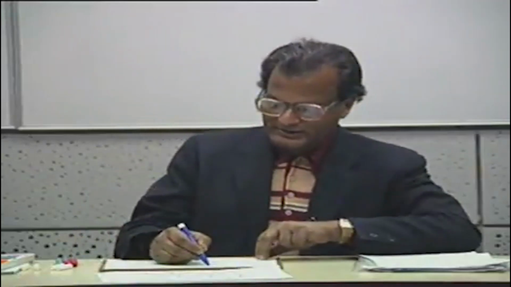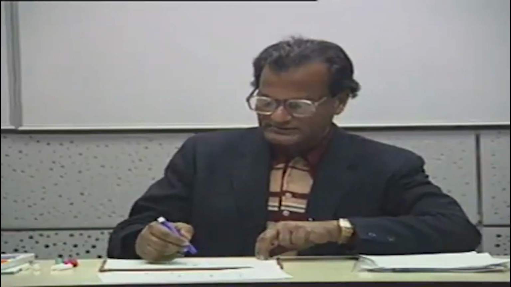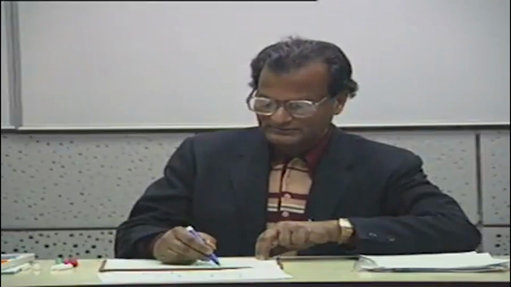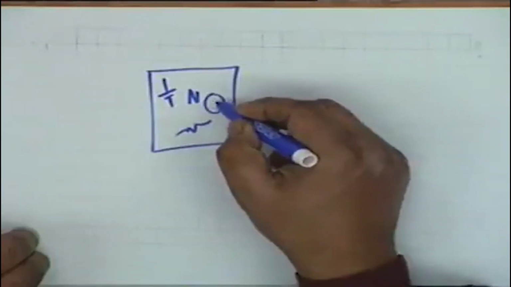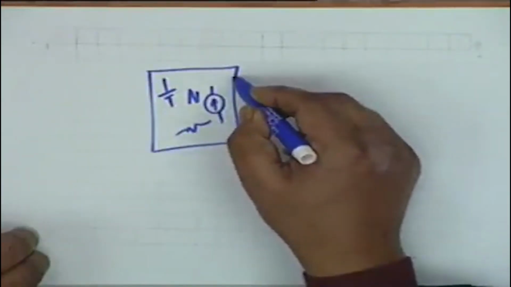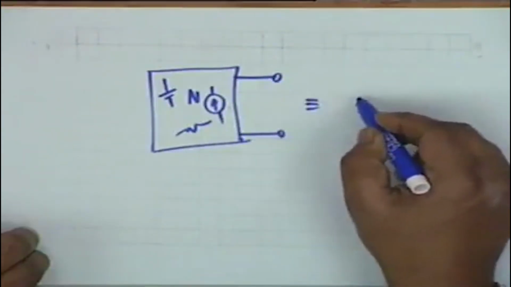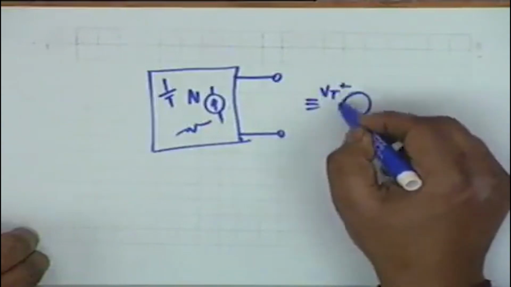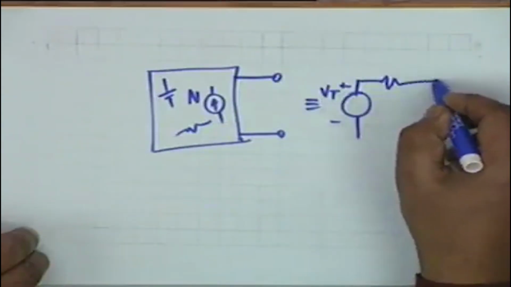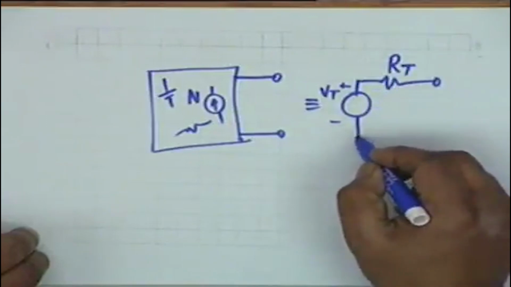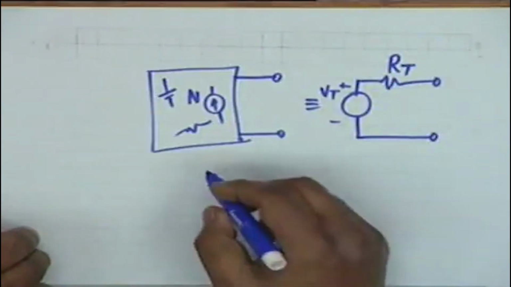We have taken a network N which contains resistors, voltage sources and current sources, and you want to find its Thevenin equivalent, Vt with plus and minus terminals, and the Thevenin equivalent resistance Rt.